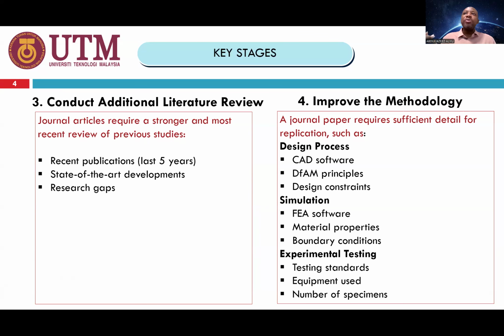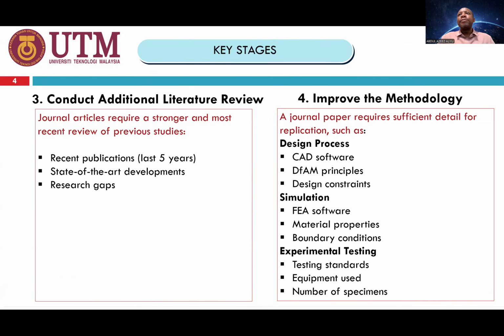Also, if you use simulation, you need to explain the software you use, maybe in finite element analysis, material properties, boundary conditions. All this needs to be stated. Or if you mainly work on the experimental stage, you need to explain something like the testing standards, the equipment used, their factory, their model. All this needs to be stated. The number of specimens, the specimen size, how you produce them, and the characterization method. All this needs to be explained.